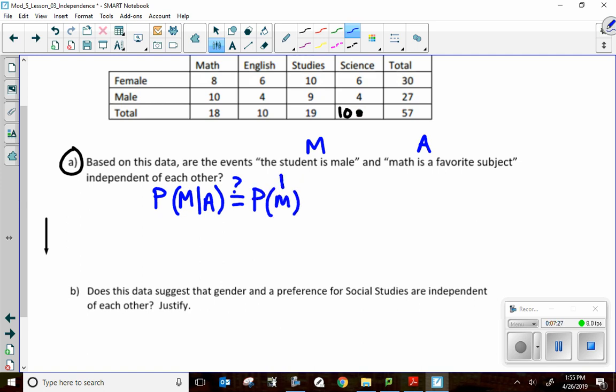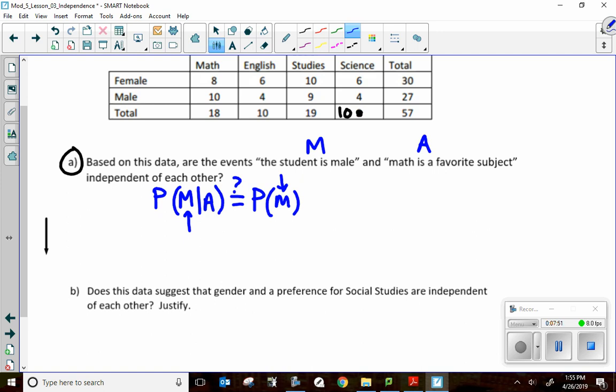Whatever goes here is the first one. So we need to figure both of those probabilities out. If they are equal, then those two events are independent. If they are not equal, then they are not independent. Let's go ahead and try this out.